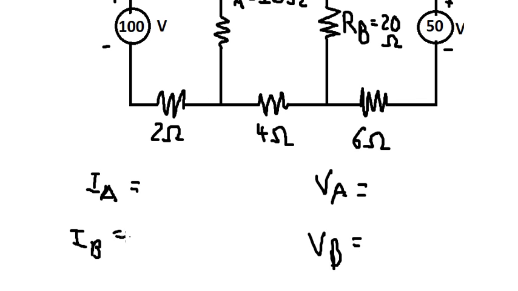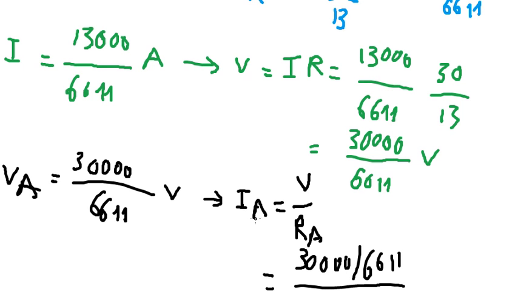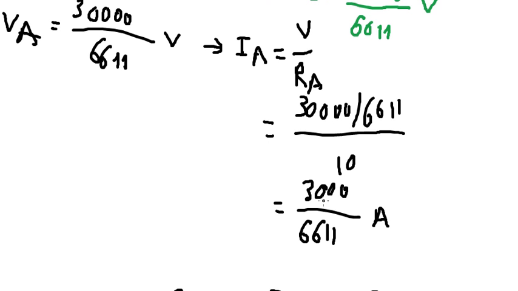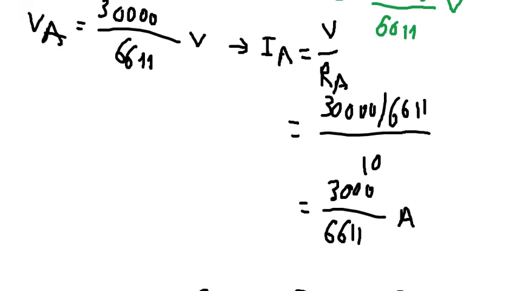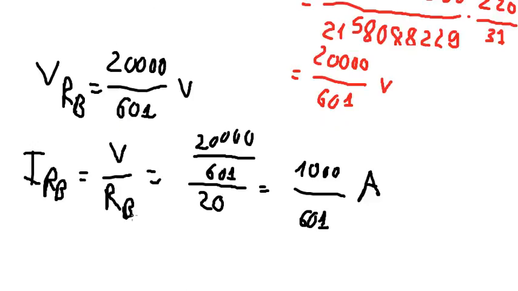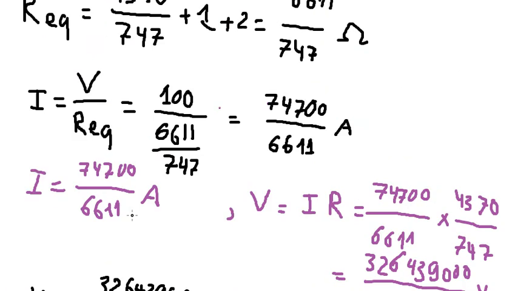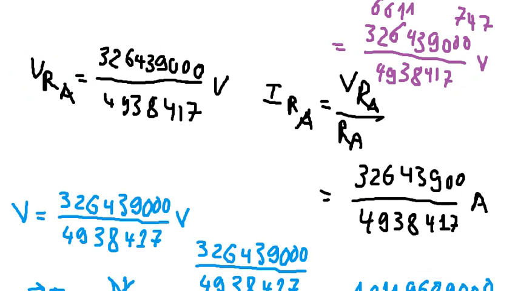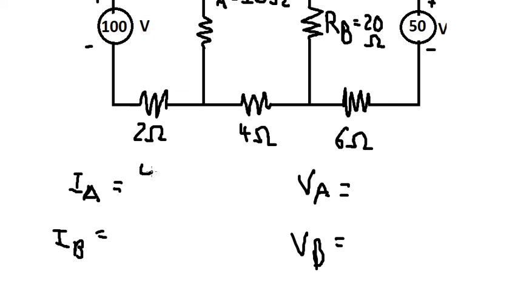So about I8, we combine 3000 over 6611 and this one in here, that is this one. So we have 46700 over 6611.